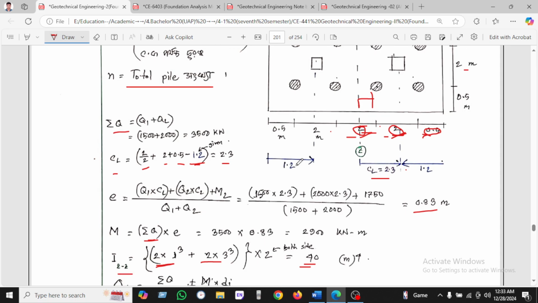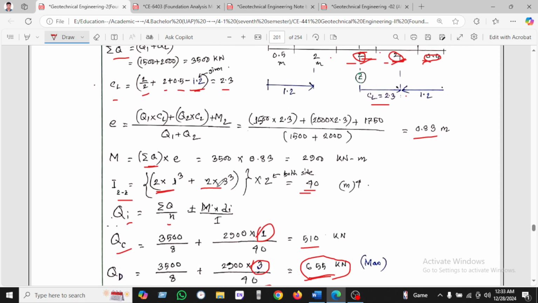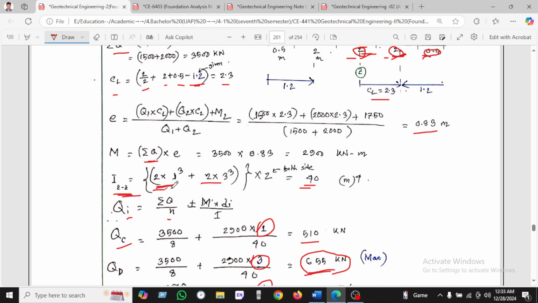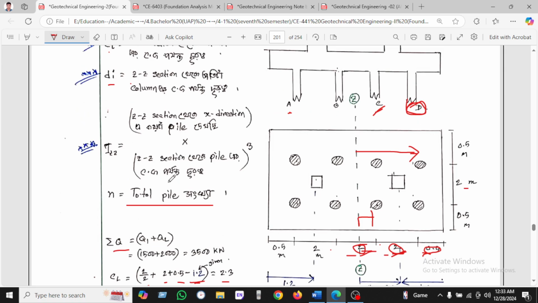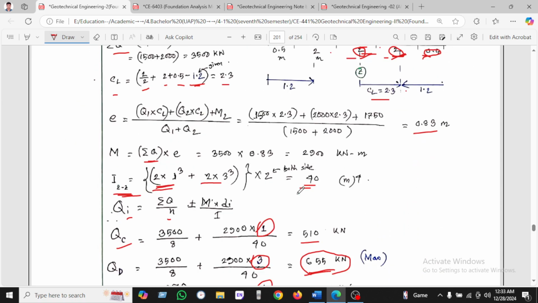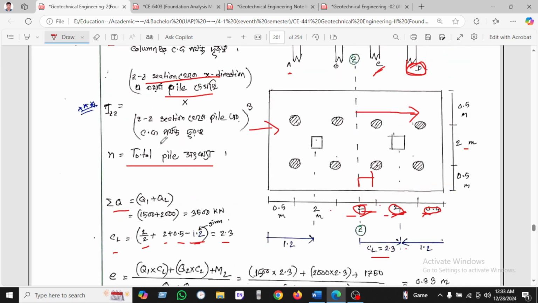So if we want to understand the IZZ, which is 1 into IZZ is nothing but how many piles we are seeing in the x section. We are seeing in x section only 2, so this is the 2 into distance of that pile.